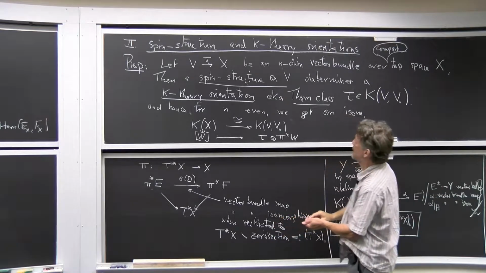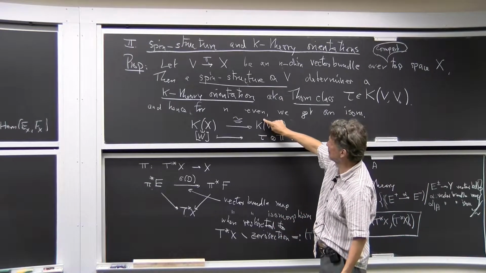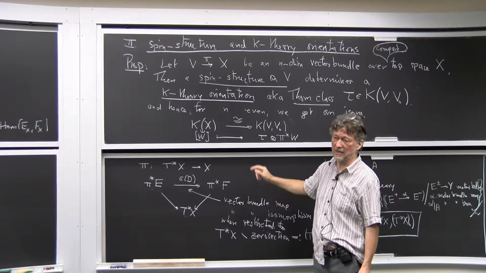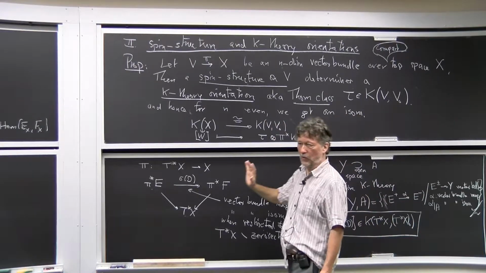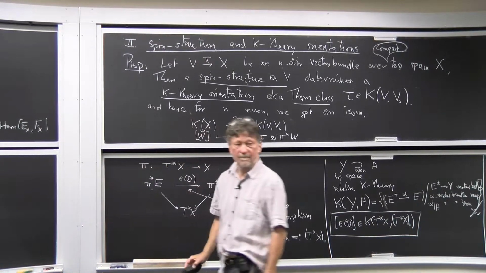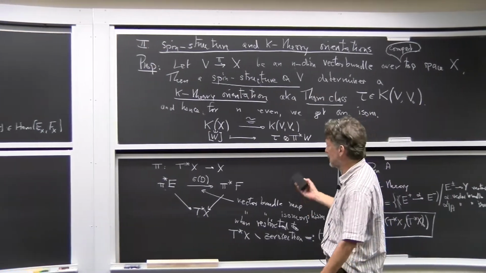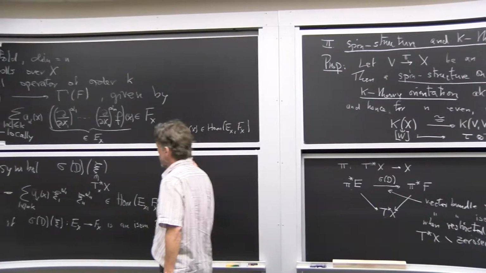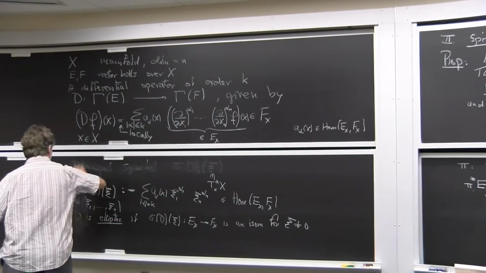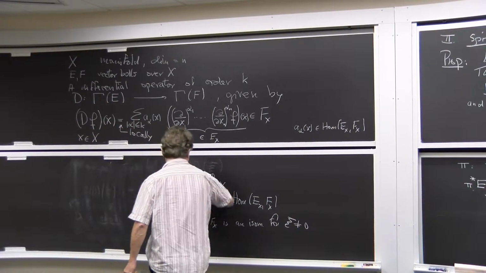And I assume that n is even, since otherwise the Thom class would live in K1 rather than K0. So I'm only discussing the Thom isomorphism in this simple case. Any other question? Okay, so now I need to explain the terms that I'm using here. So what's a spin structure and what does it mean to have an orientation class?